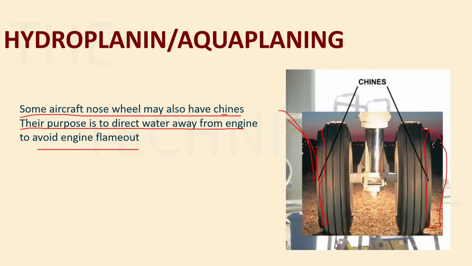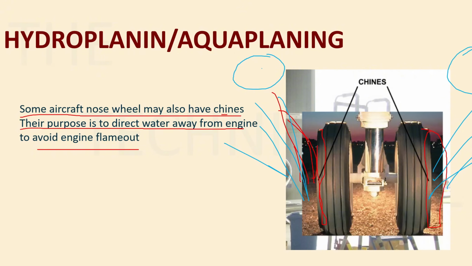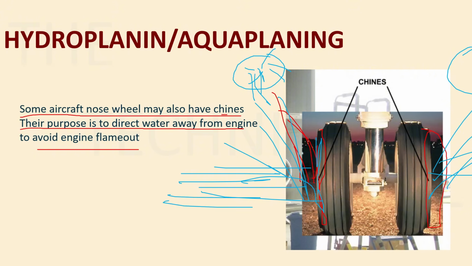Otherwise the water will go like this, and the chances are that it can enter the engine. The engines might be somewhere here. If water goes into the engines they can flame out. So these chines are installed so that they won't throw the water towards the engine. That is why we have chines.